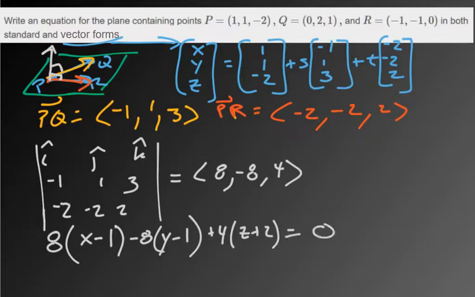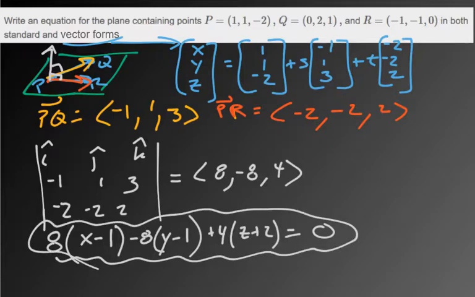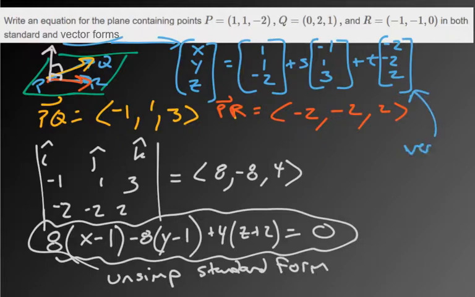You probably should simplify this out, but I'm not going to this second. So that is an unsimplified standard form. And then this is my vector form.